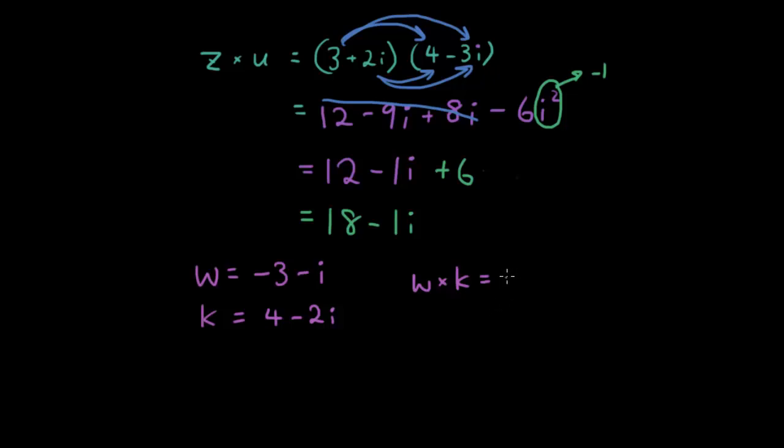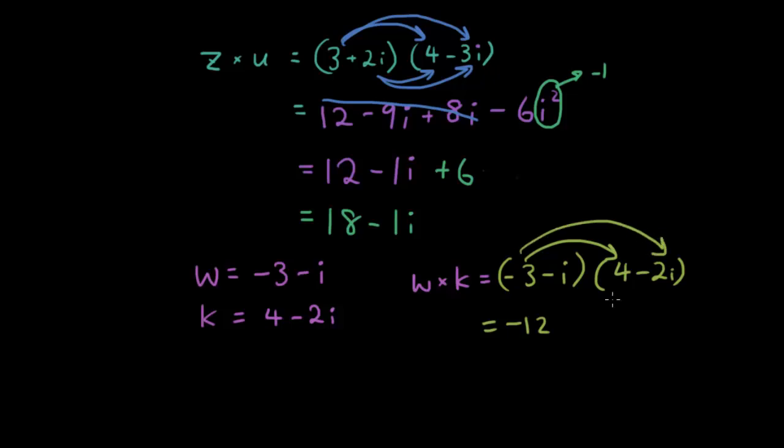So w equals negative 3 minus i, and k equals 4 minus 2i. Negative 3 times 4 is negative 12. Negative 3 times negative 2i is 6i. Negative i times 4 is negative 4i. And negative i times negative 2i is positive 2i squared.